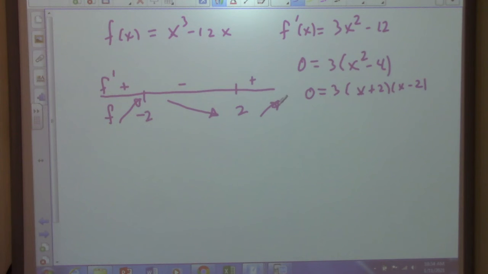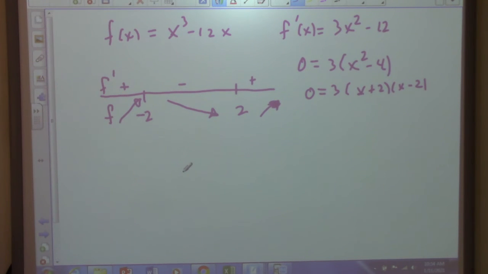So what this tells you is that the function is decreasing, not increasing between -2 and 2, so that's why that is not a right answer. Okay? So that's number 2.